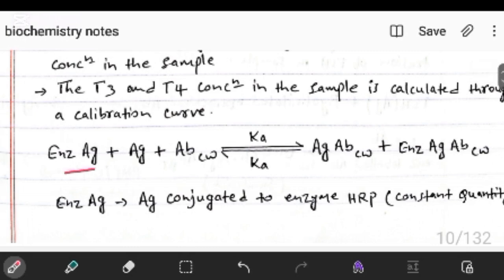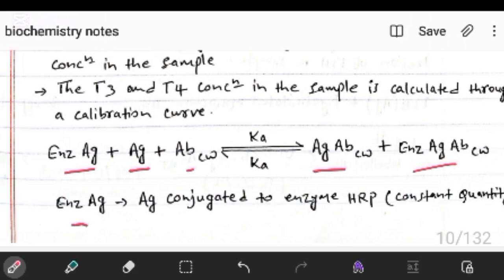Now, enzymatic antigen plus antigen in sample plus antibody coated on microwell, and Ka is the constant here. These combine to form antigen antibody reaction plus enzymatic antigen antibody reaction.